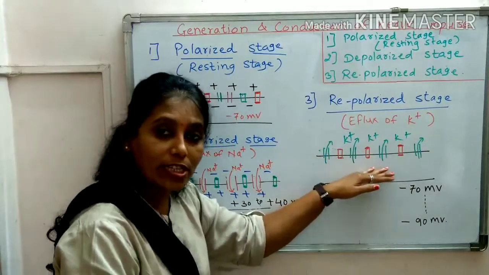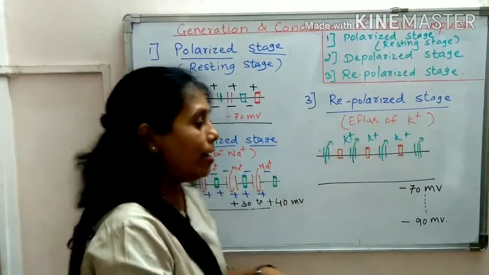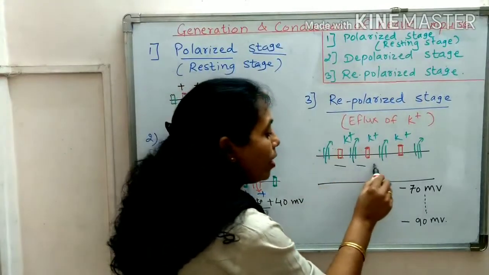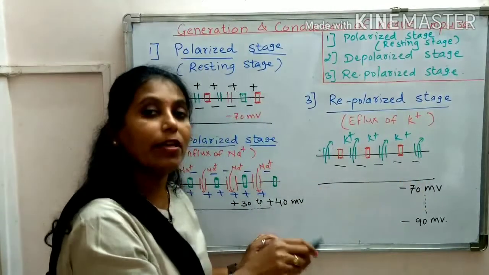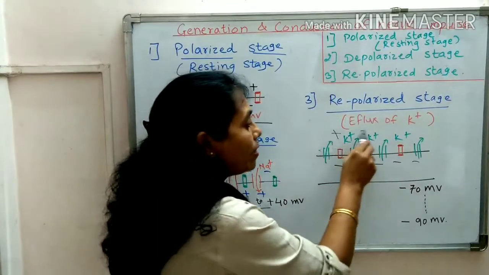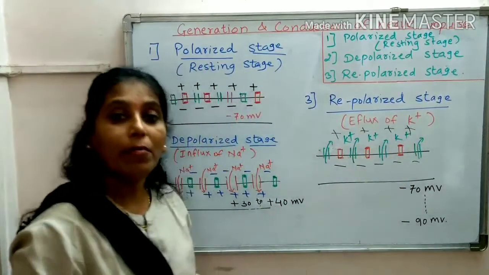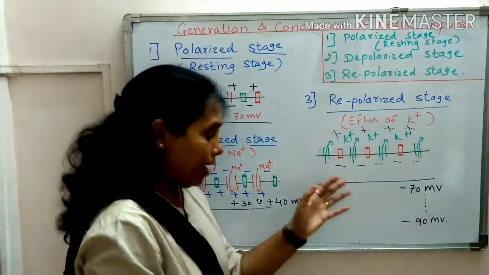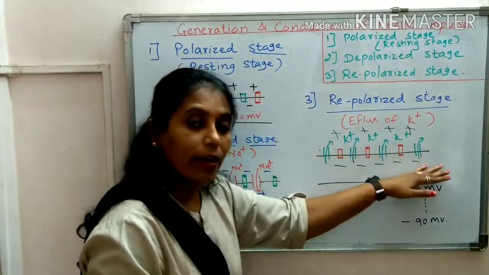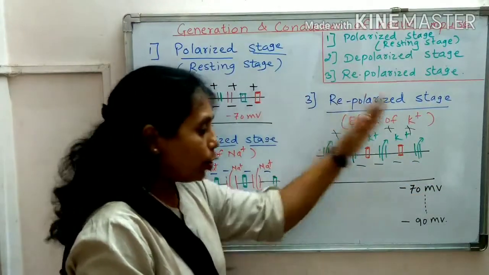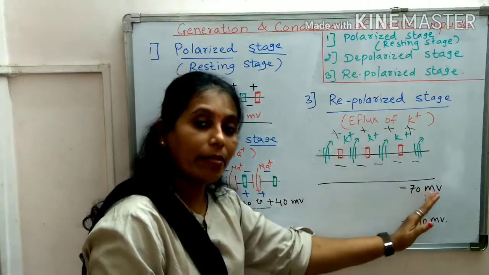As more and more positivity moves outside, the inner membrane becomes electronegative and the outer membrane becomes electropositive. It means the potential is again restored to minus 70 millivolt.